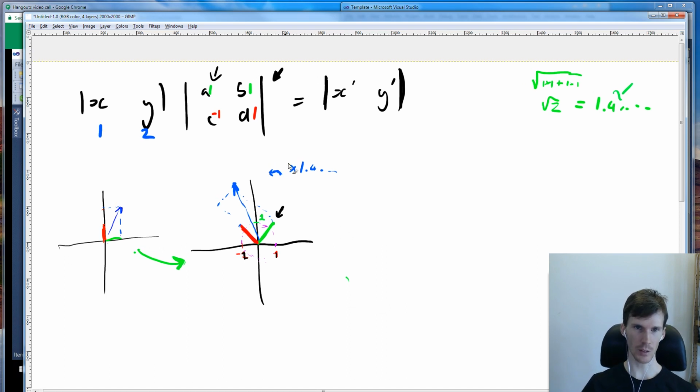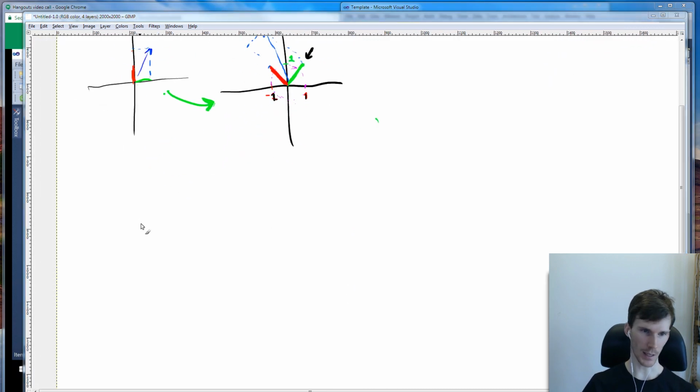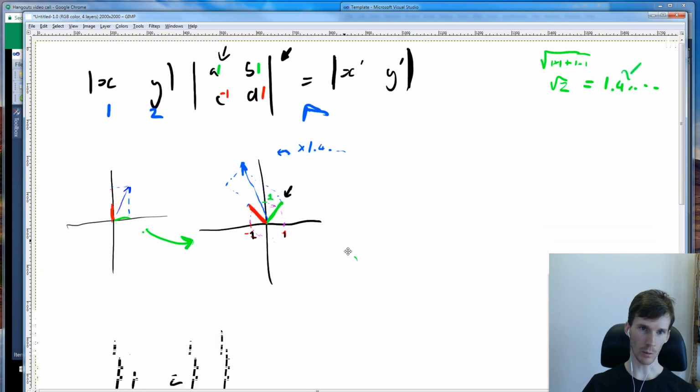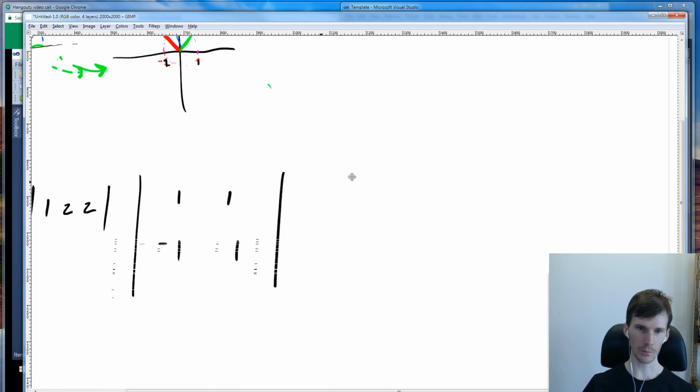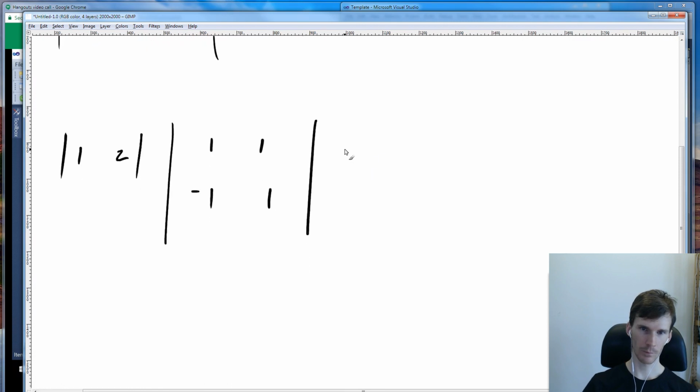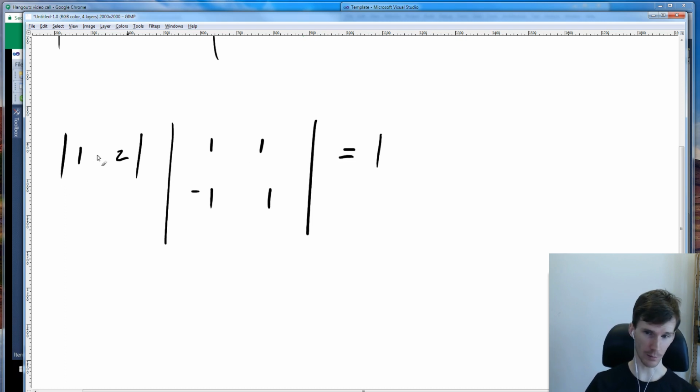Okay, so let's do this maths down here. We had the vector 1, 2, and we had the matrix 1, 1, -1, 1, equals. Now we know it's going to be a 1 by 2 matrix.